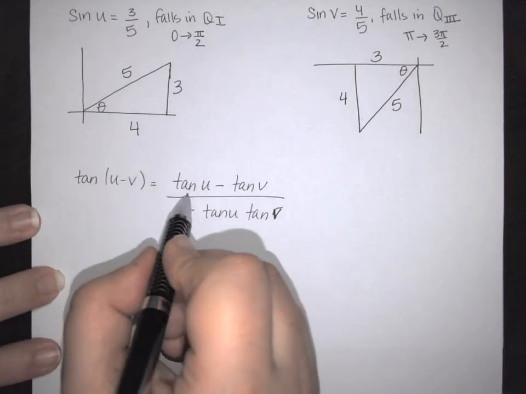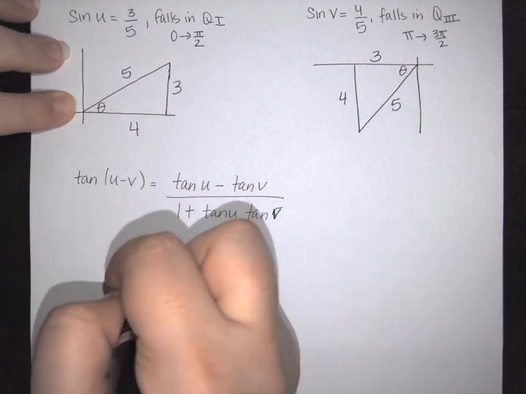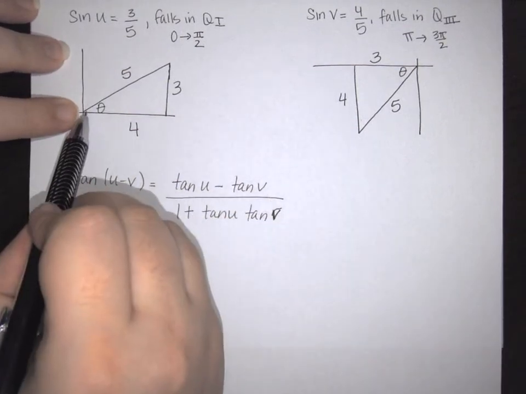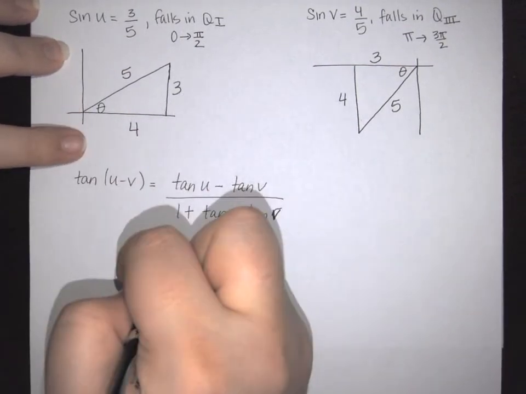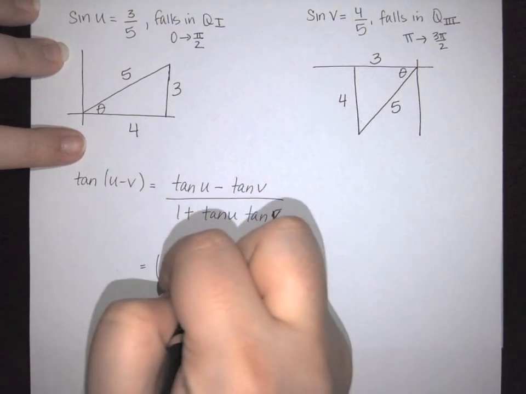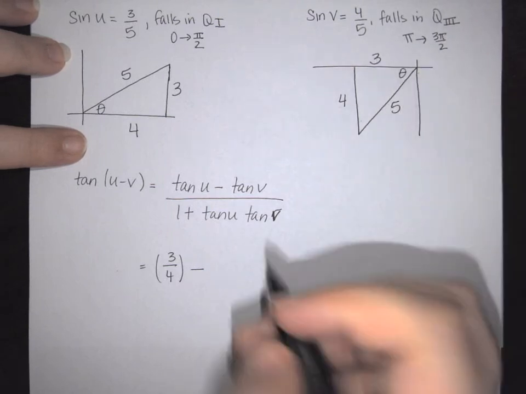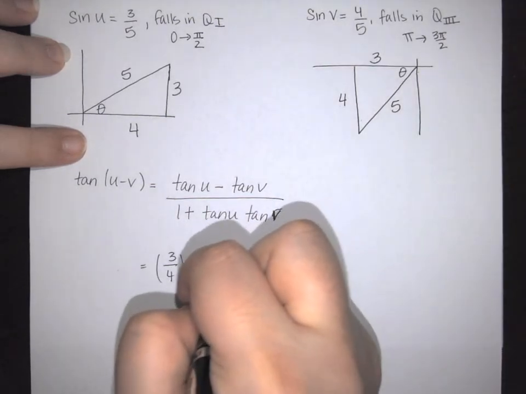So here, the tangent of u, this first triangle is my u. So this is going to be opposite over adjacent, which is 3/4. Then I'm going to subtract the tangent of v. Again, opposite over adjacent, so 4/3.